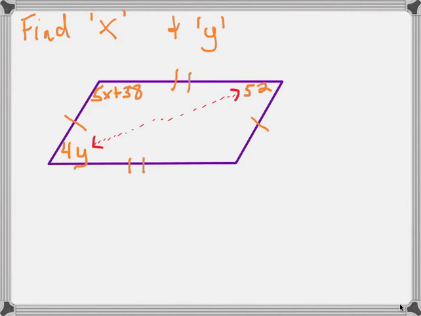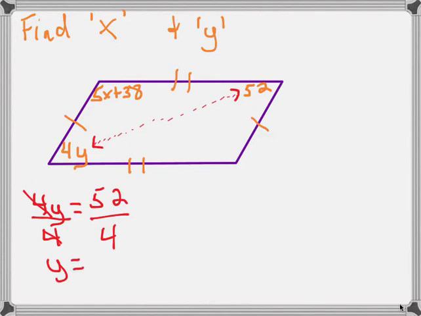So what I would do, guys, is basically just set up an equation. Well, 4y is congruent, it's equal to 52 degrees. I can solve for y. That's a simple little one-step equation. And I believe that is 13. So y equals 13. That was pretty simple.